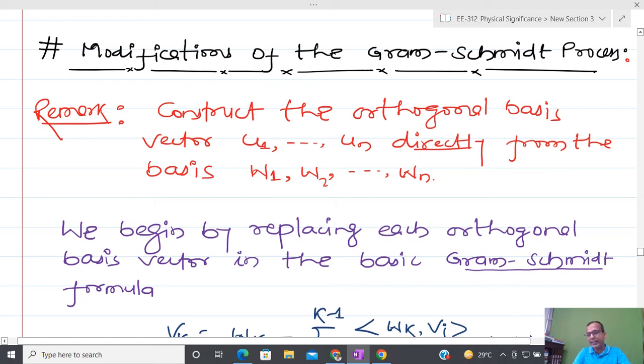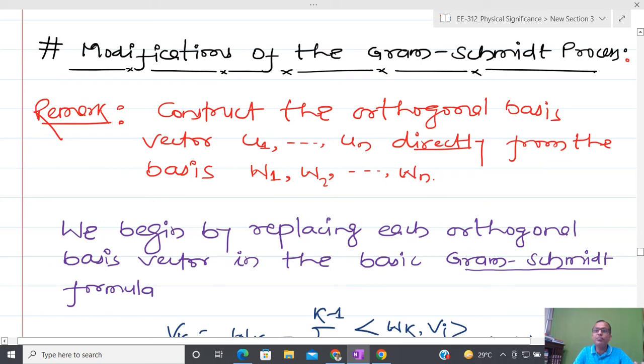And how to select the coordinate system? You have to select the basis. If you have a basis vector, then you can easily construct the coordinate system. Due to that, you have to understand how to convert a general class of basis into orthogonal and orthonormal basis.